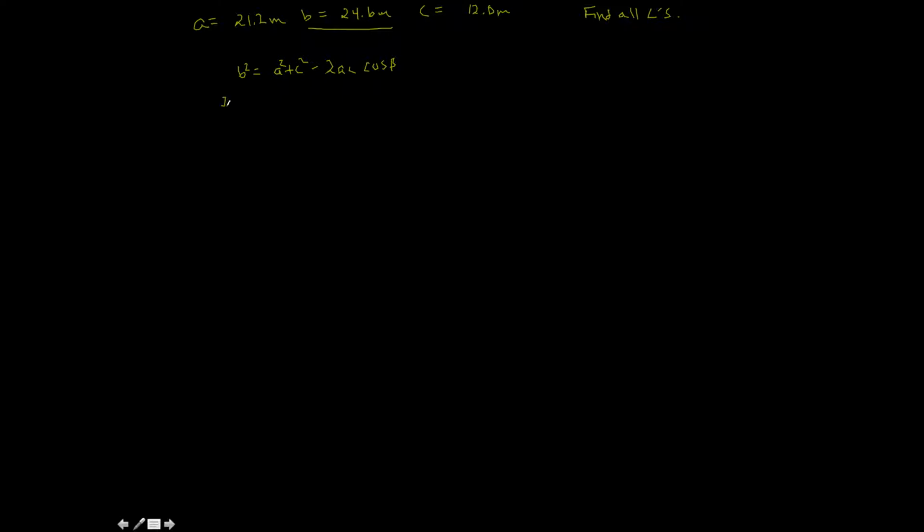So this is going to be 24.6 squared equals 21.2 squared plus 12 squared minus 2 times 21.2 times 12 cosine beta. Alright, so solve this for cosine beta.